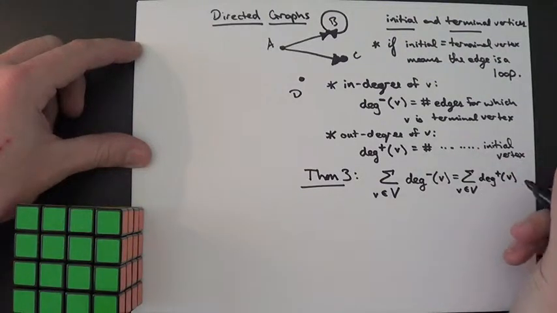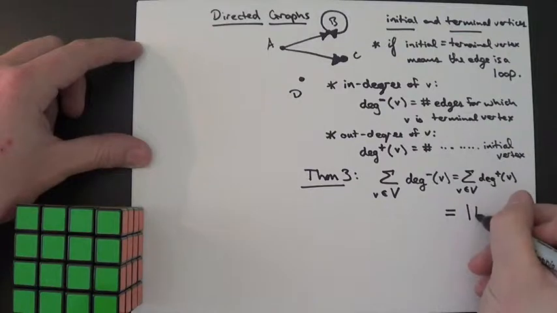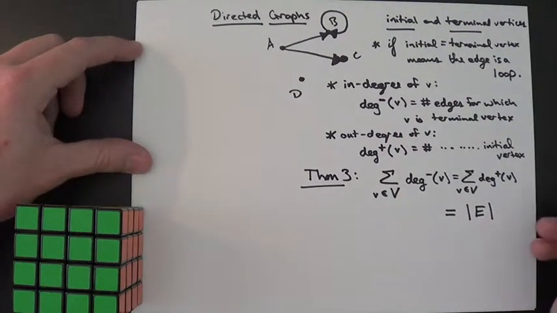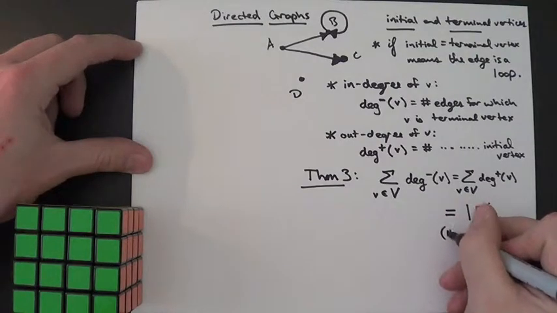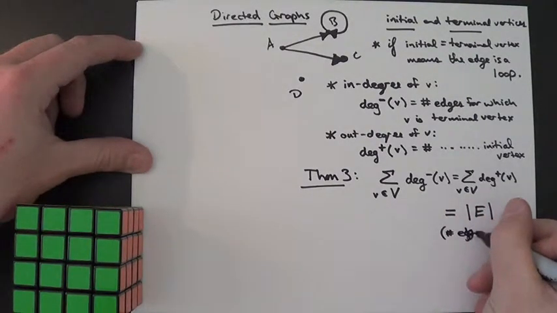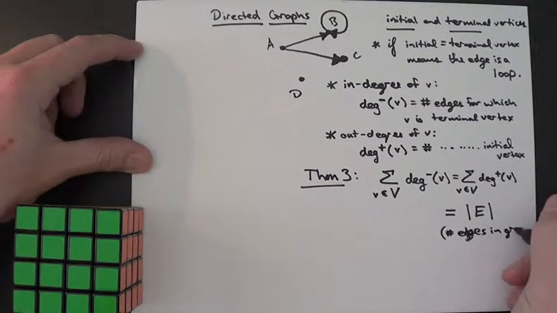And both of these are equal to the cardinality of the set E, which of course is the number of edges in the graph.